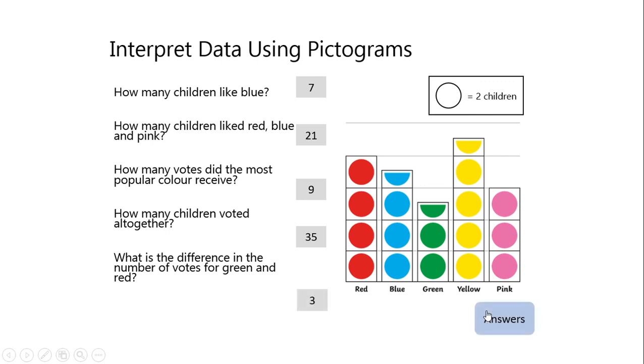So the difference in the number of votes for green and red was really straightforward. It's 3, which is 8 take away 5.